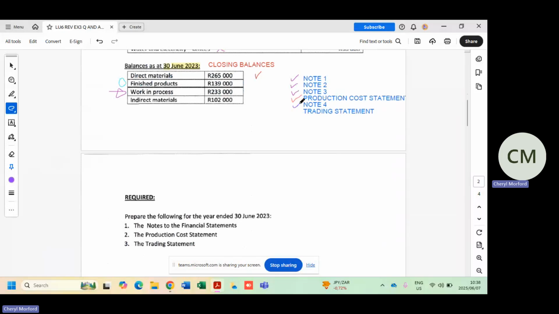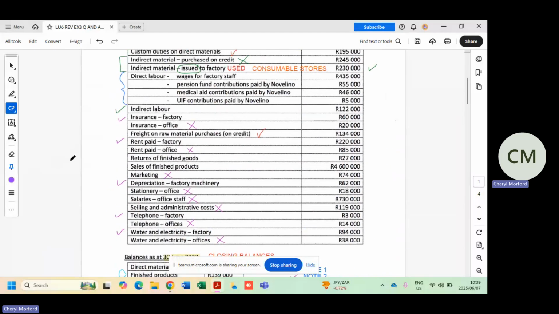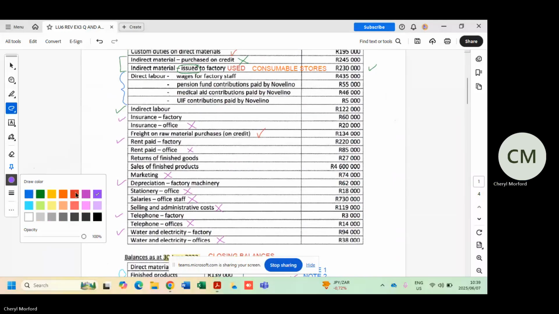So I've got half of my information. I've got the cost of finished goods sold. What I need is sales of the finished products. So let's see if we can find anything here. Yes, of course we will. Let's use, running out of different color options. Let's go blue.